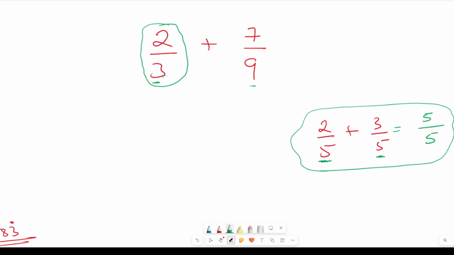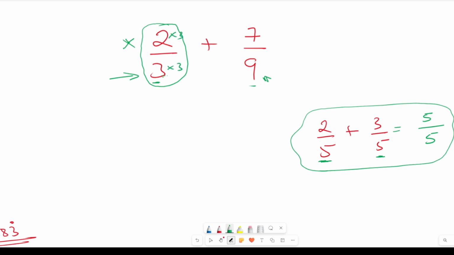Then you have to go to the other method, which is using the LCM. Here, luckily for us, 3 and 9 are multiples, so we can find an equivalent of that. We can multiply both the numerator and the denominator by a number so that the denominator becomes the same as that one. The number I can think of is 3. So I'll multiply this by 3 and multiply this by 3.